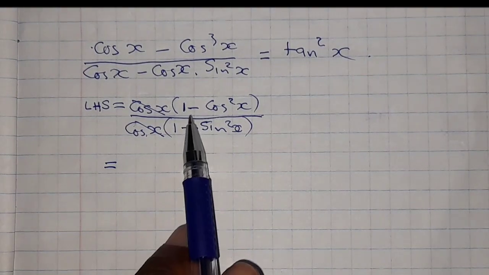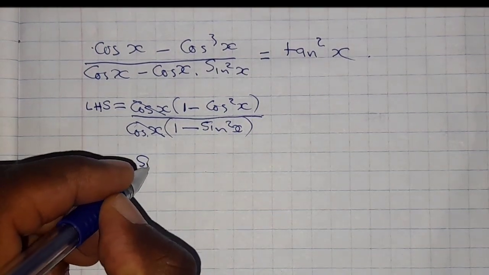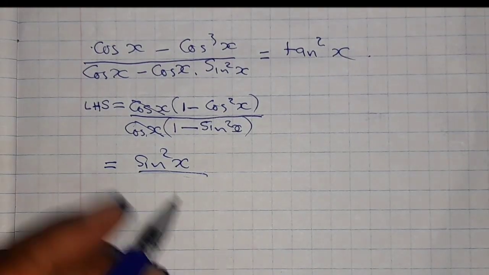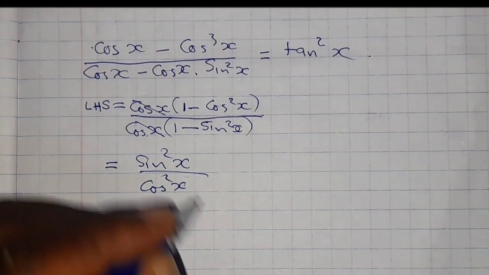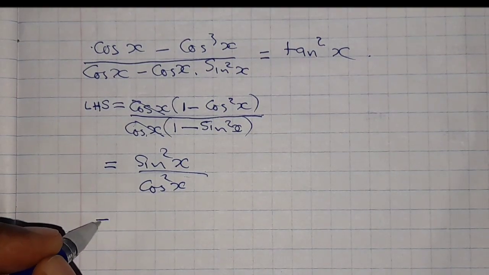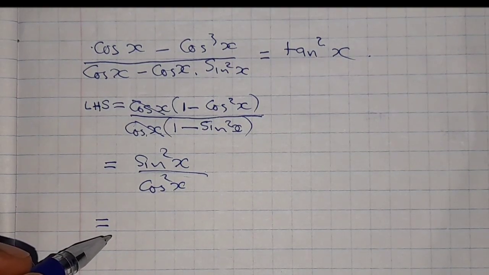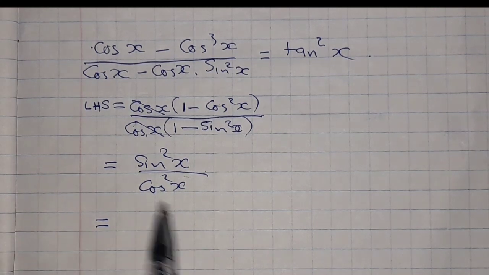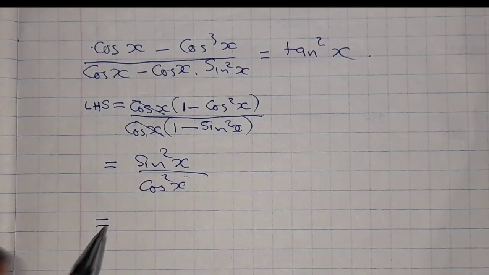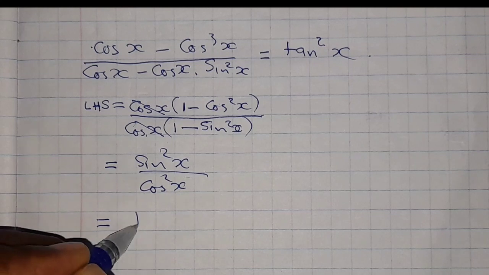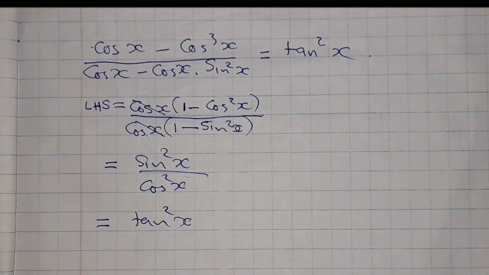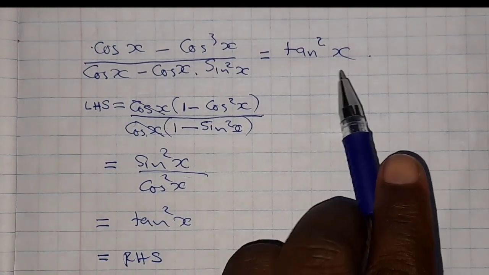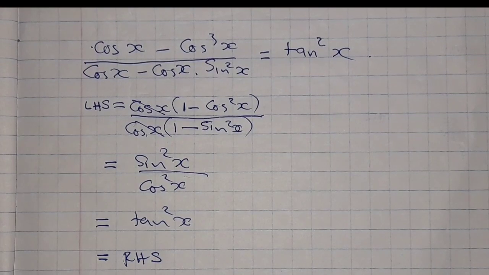We are left with 1 minus cos x squared, which is sine x squared, and then 1 minus sine x squared is cos x squared. And remember the identity that says tan x is equal to sine x over cos x. So sine x squared over cos x squared also is equal to tan x squared, and this is equal to the right hand side. We have proved this one.